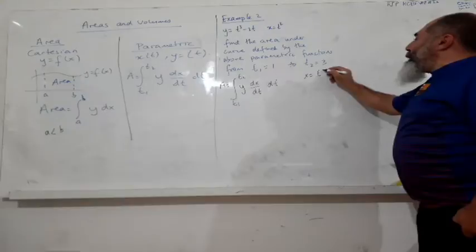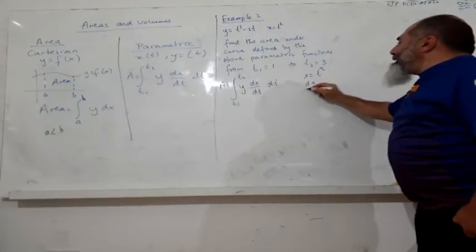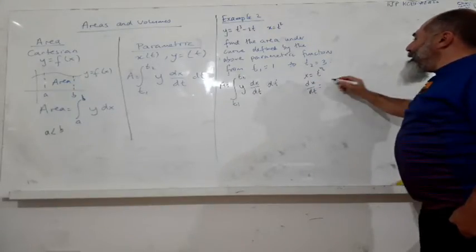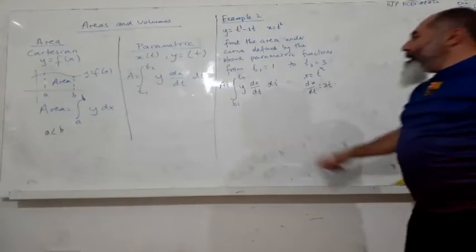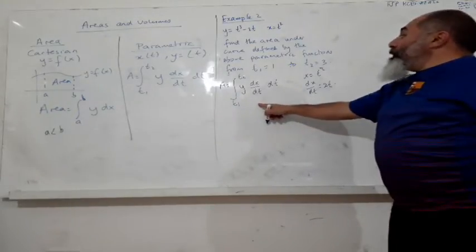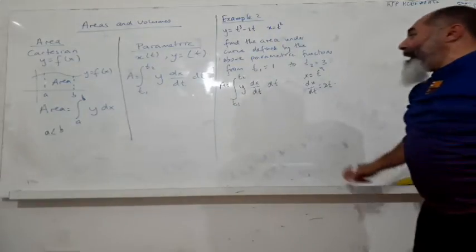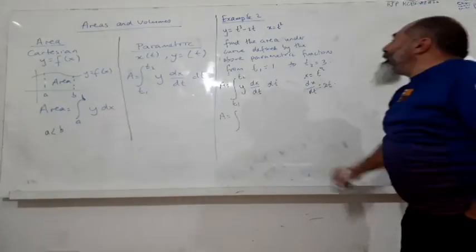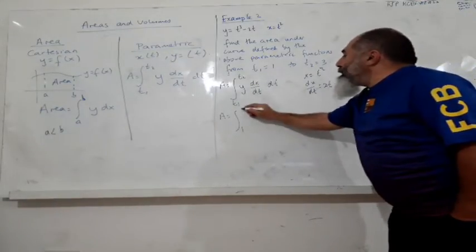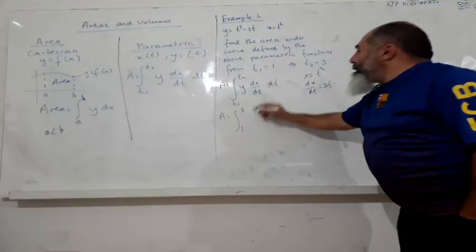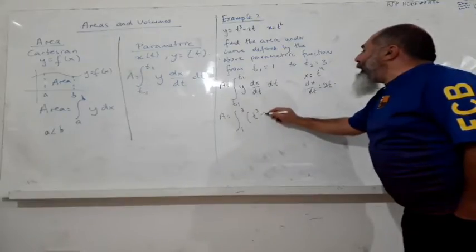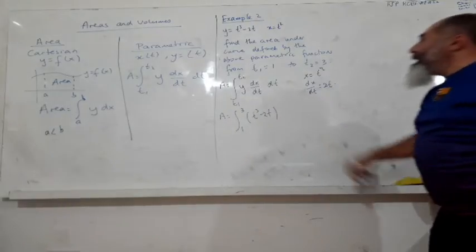It is 2t. And we know the expression of y in terms of t as well. So area is going to be from 1 to 3, put y there, which is t cubed minus 2t. And what is dx/dt? It is 2t as well, dt.